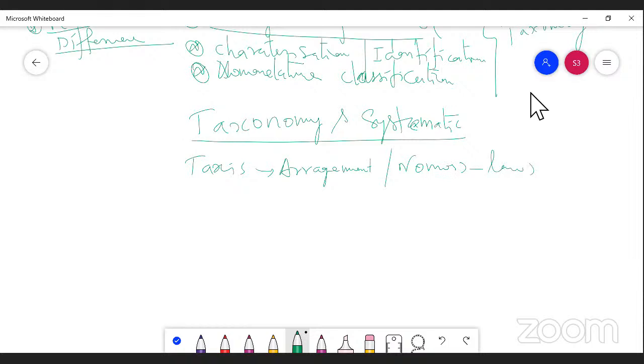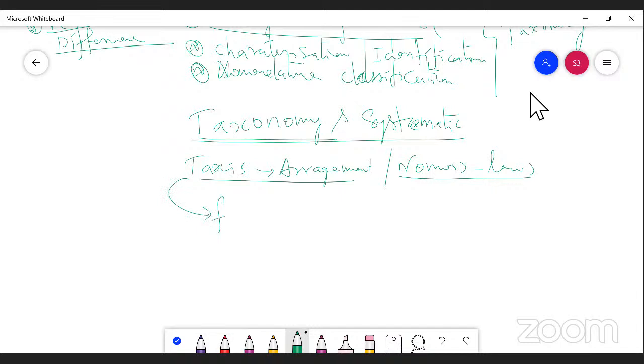So taxonomy means arrangement of law. So the classification, description, identification and naming of living organisms, including their characters, is called taxonomy.